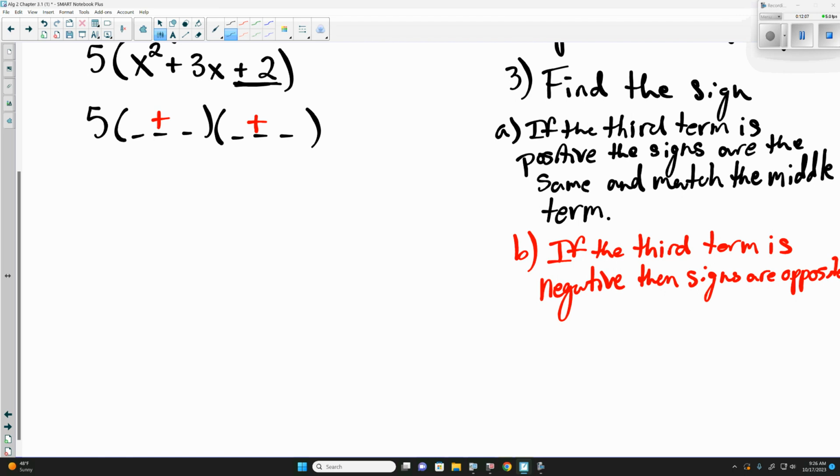All right, that leads us to step number 4. Find the factors of the first and third term.